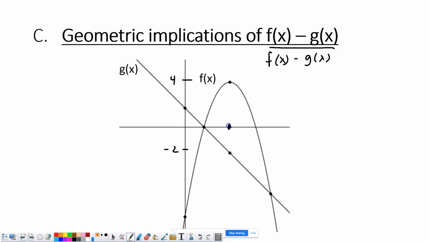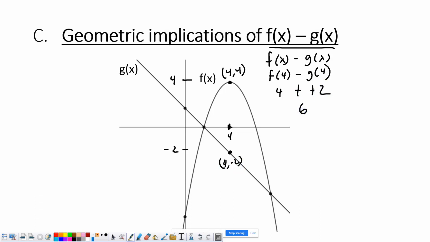Say this x value here is maybe 4 also. If I plug in that x value of 4, f of 4 is 4, right? And g of 4 is -2. So 4 minus a -2, or 4 plus 2, is 6.